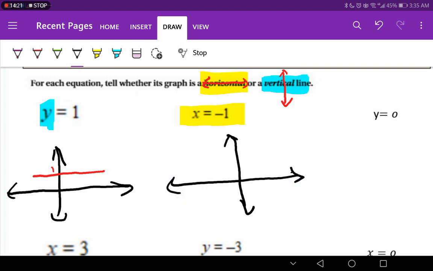And x equals -1, this is -1, so I draw this line and we are done. Now y equals 0, this is the x-axis and the y-axis, and y equals 0 means this line. Okay, are you happy with that?